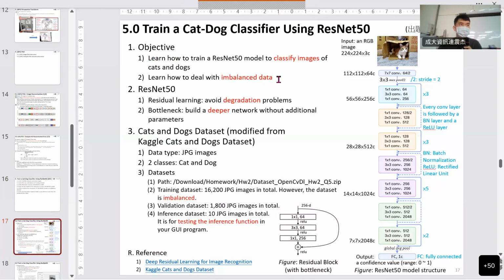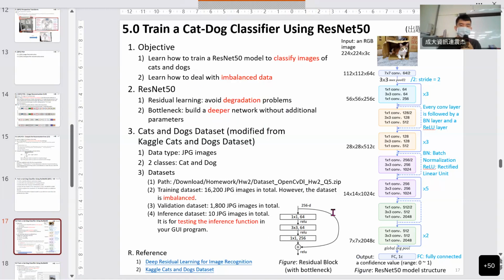The model we're using is ResNet 50, and ResNet 50 has 2 characteristics. One is residual learning, which helps avoid degradation problems. The other is the bottleneck, which allows us to build a deeper network without additional parameters. We can take a look at this figure.